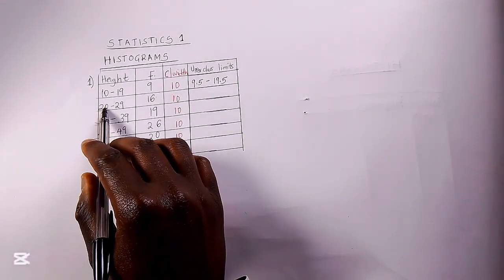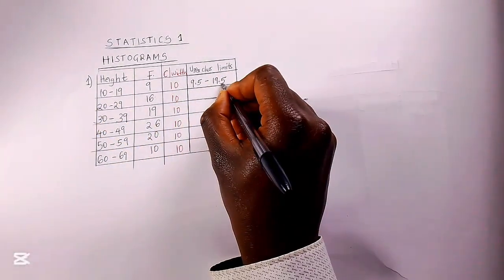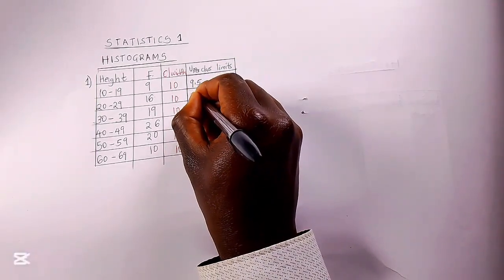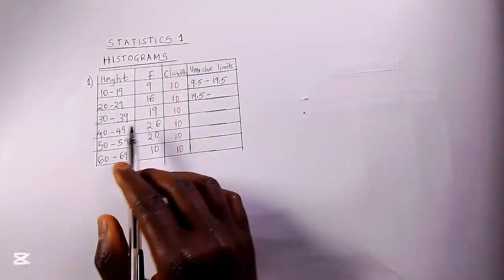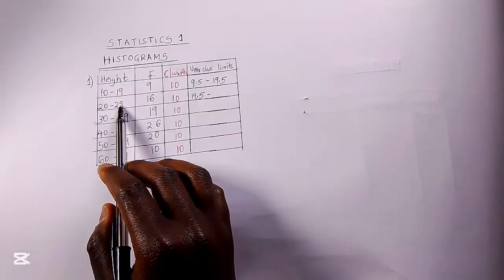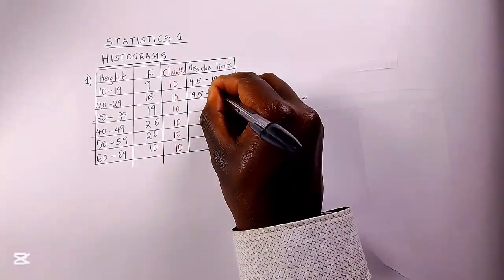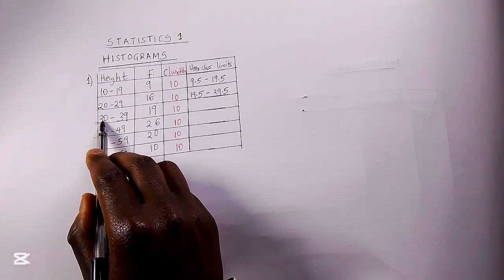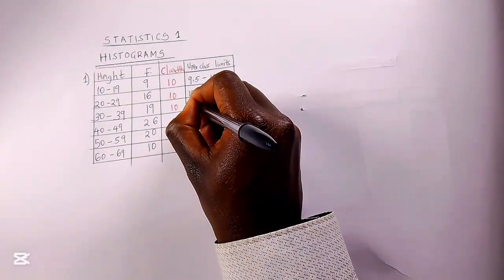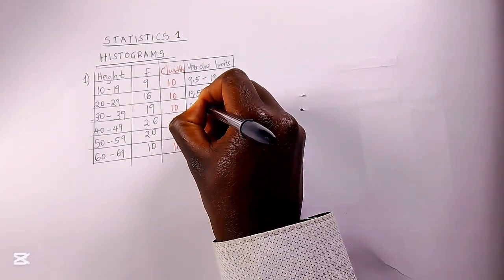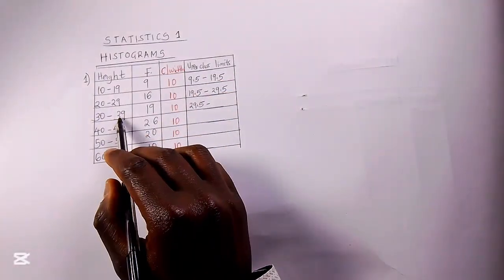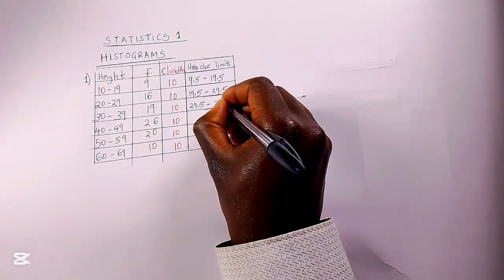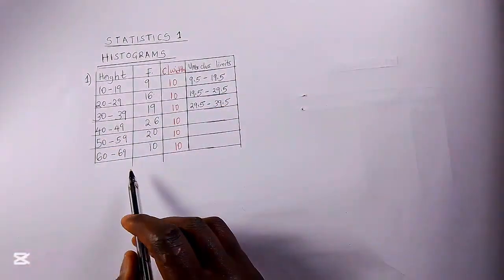Then the lower boundary of 20 is 19.5, and the upper boundary of 29 is 29.5. The lower boundary of 30 is 29.5, and the upper boundary of 39 is 39.5.